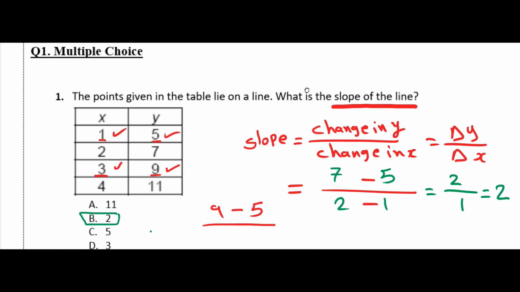Don't forget, x here is 3 minus x here is 1. 9 minus 5 will be 4, 3 minus 1 is 2. Same answer? No, but you should simplify first. 4 divided by 2 will be 2. Same answer? Yes. But every time I take the first two numbers or the smallest numbers to find the answer quickly without simplifying.